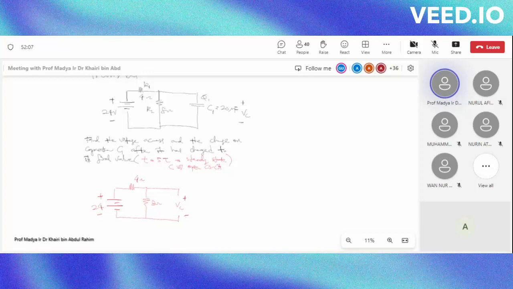So VC is actually voltage across capacitor that has become open circuit, but because it's parallel with 8 ohm, essentially it's voltage here. Okay, and how do we do this? It's just again VDR, right?